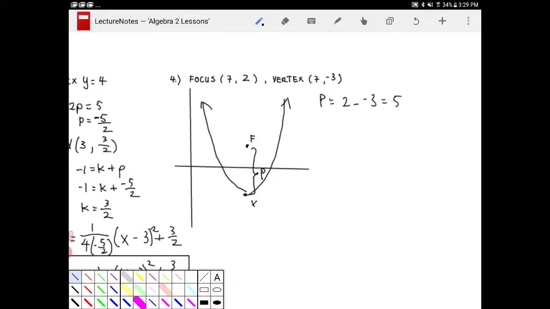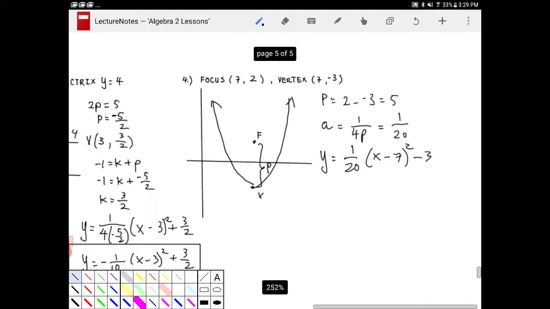If p is equal to 5, I know that a is equal to 1 over 4p, so this is going to be 1 over 20. The equation will turn into y is equal to 1 over 20 (x minus 7) squared minus 3. And that's the equation for number 4.